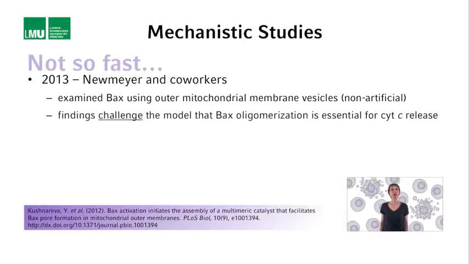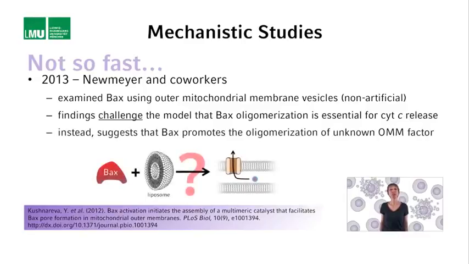The data obtained with these outer membrane vesicles challenges the model that BAX oligomerization is essential for its role in cytochrome C release. Furthermore, the work suggests that BAX monomers promote the oligomerization of another yet unknown factor in the outer mitochondrial membrane. However, this factor does not appear to be a dynamin-related GTPase as was suggested before.